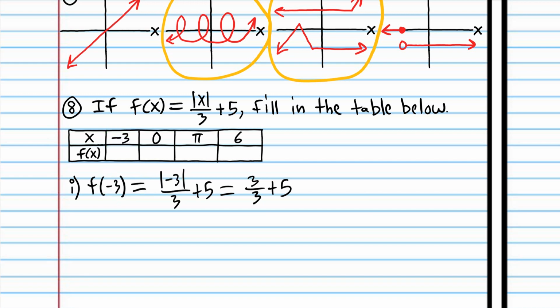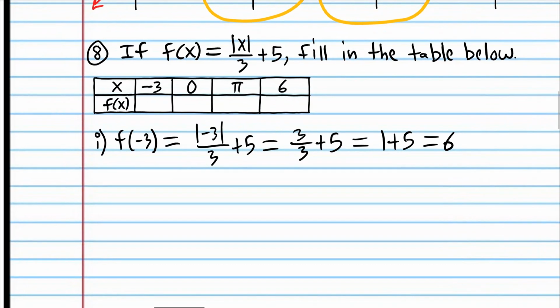These green numbers are the inputs of a function, and the orange numbers are the outputs. We're looking for the outputs. 3 divided by 3 is 1, and then 1 plus 5 is 6. So now let's go ahead and enter that in. That's 6 there.